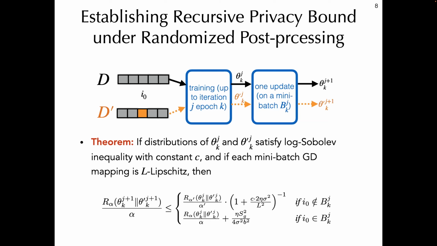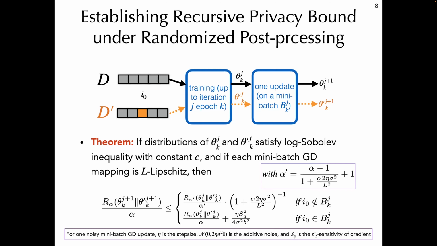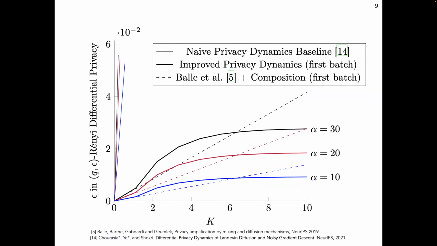And if the differing data record is in the accessed minibatch, then the privacy loss increases additively. Here are some constants that appear in this theorem, and the main advantage of this theorem is that it is recursive, so it's easy to extend it to multiple epochs and multiple iterations.